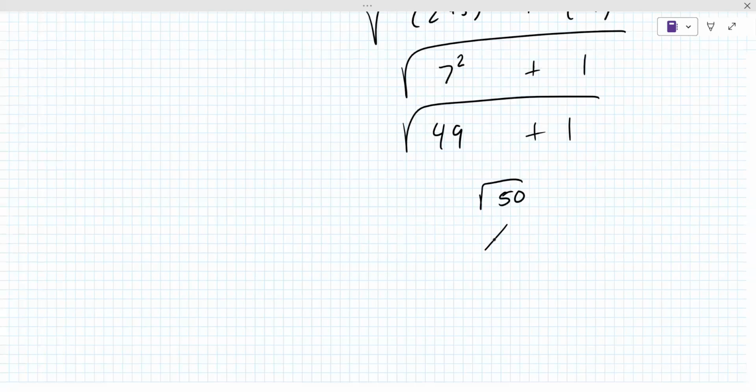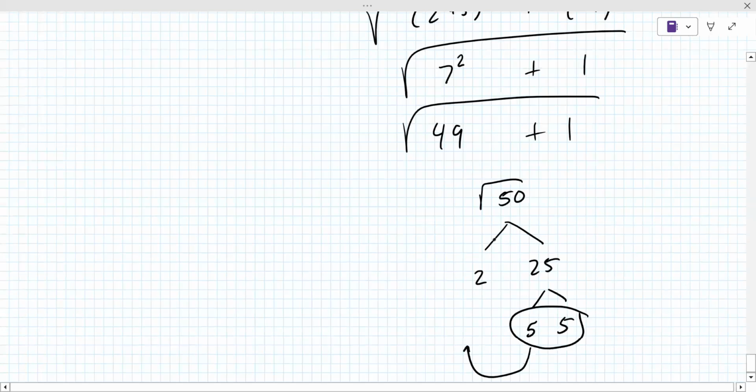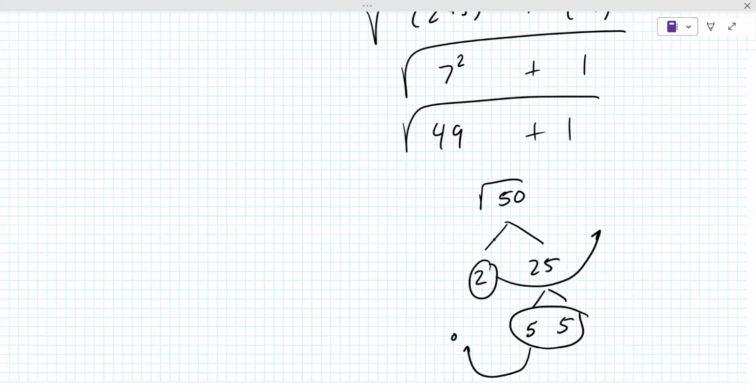So we do that by breaking it apart with a prime factorization. What number times 2 gets you to 50? 2 and 25. Okay. And then 2 doesn't go into 25, 3 doesn't go into 25, but 5 does: 5 and 5. So that allows you to bring it out. 5 comes out and 2 stays in the square root.